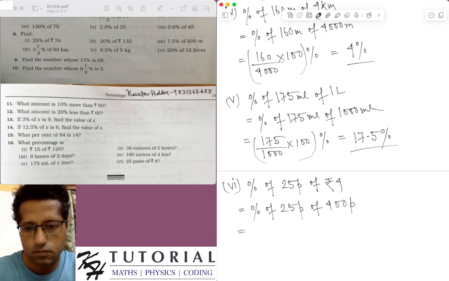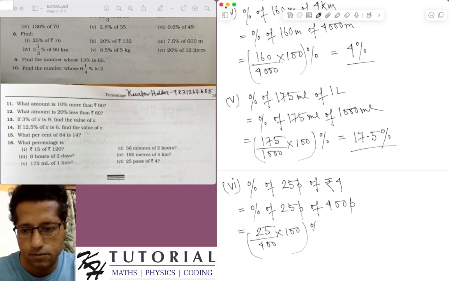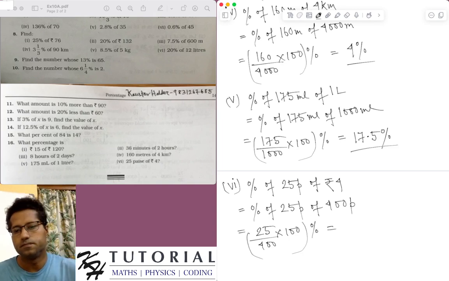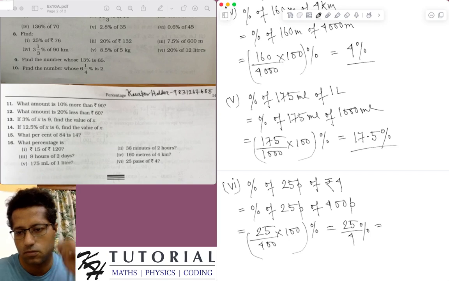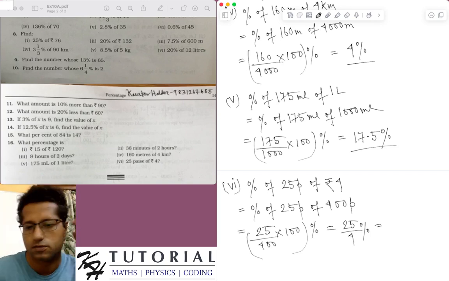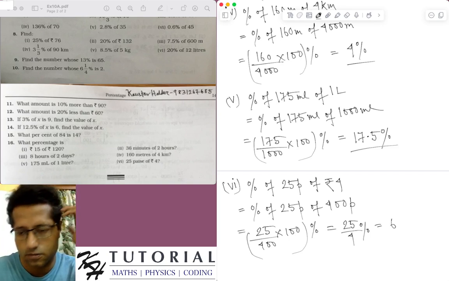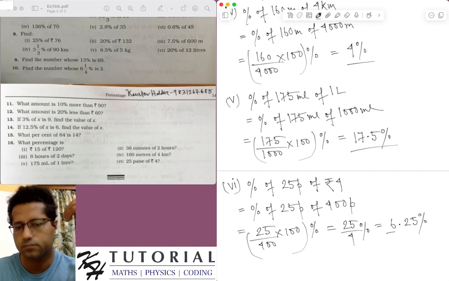Now this is equal to 25 by 400 multiplied by 100. This is 25 by 4 percentage. If we convert 25 by 4 into decimal, we get 6.25%.